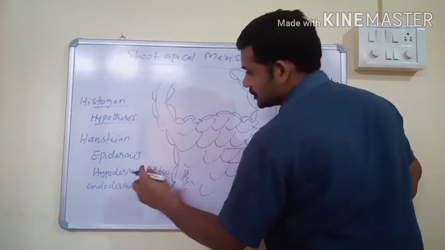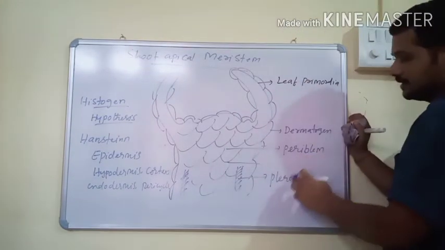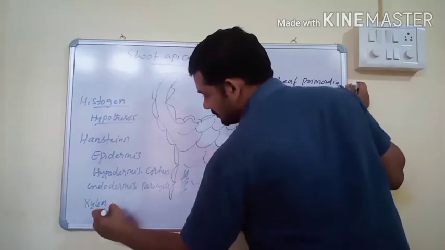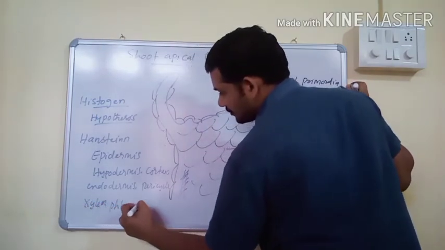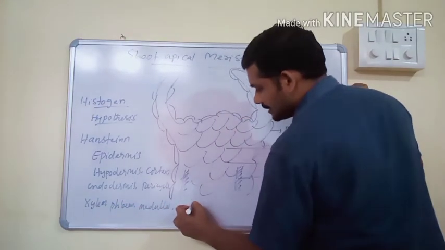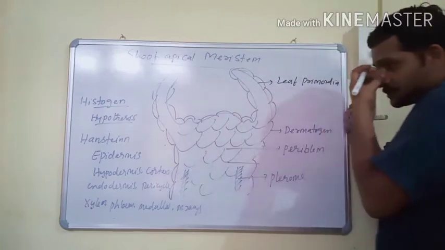So all these tissues are produced by periblem. Later plerome gives rise to xylem, phloem, medulla and medullary rays. So all these tissues are produced by plerome.